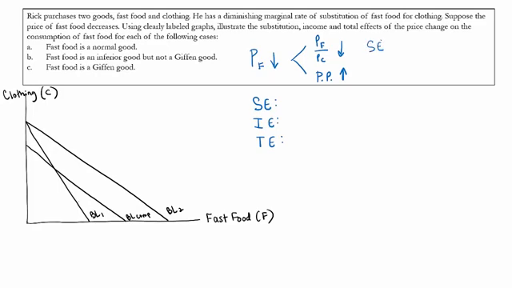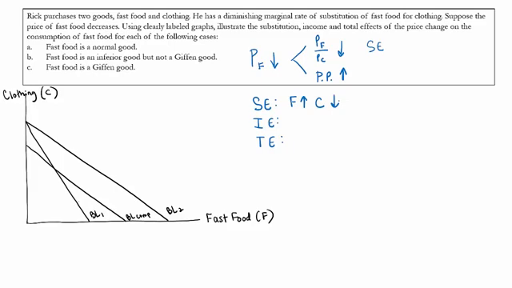The substitution effect always will have the consumer, here Rick, substituting towards the good whose relative price falls and away from the good whose relative price increases. So in this case, because the price of fast food falls, its relative price or its opportunity cost is lower, which makes Rick want to buy more, substituting towards fast food and away from clothing.